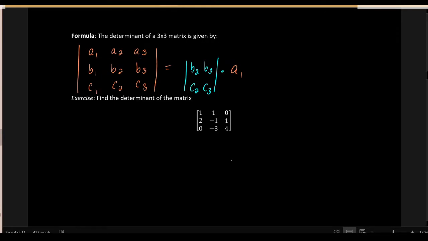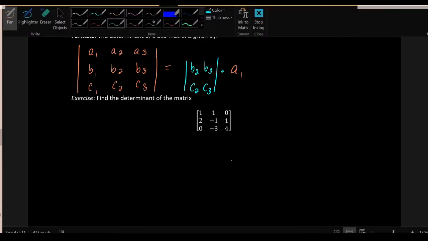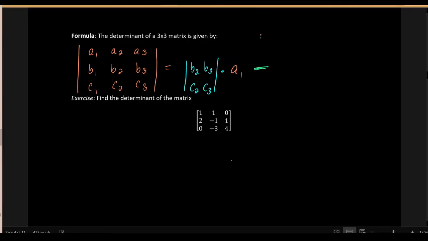Then you're going to alternate in sign, going from plus to minus, and you're going to move over to A2.